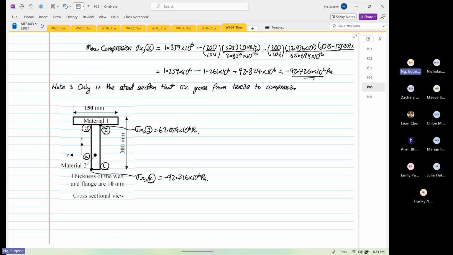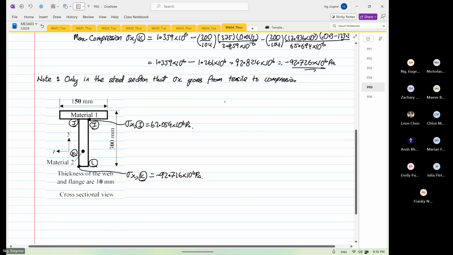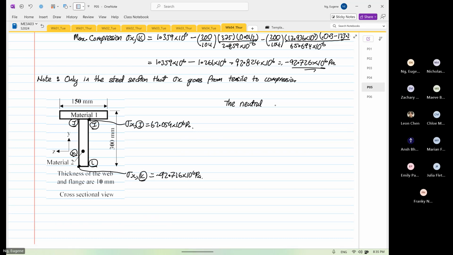So what we realize now is the neutral axis will fall in the steel section only, right?